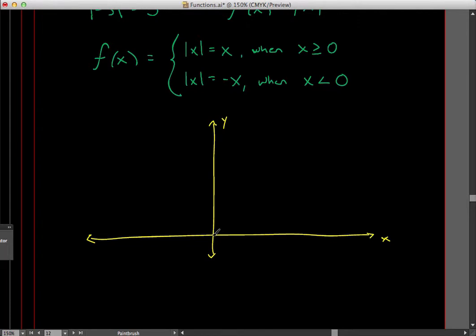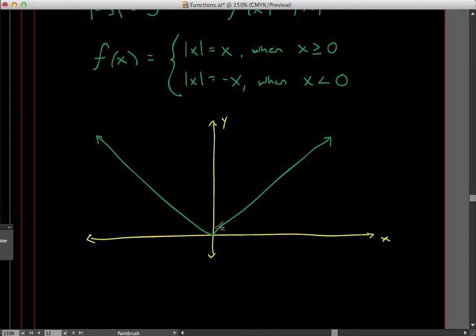So let's draw that here. Okay, there we go. And then when x is less than 0, the function behaves like y equals -x. There we go.